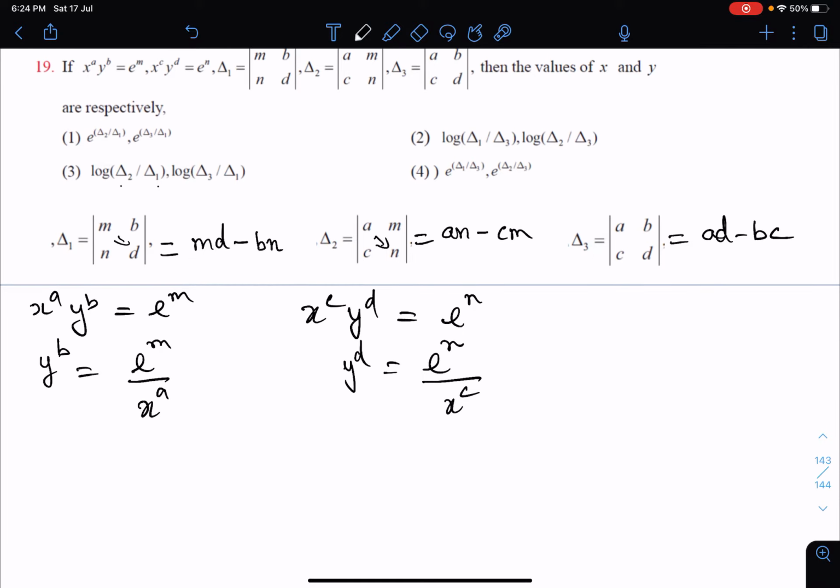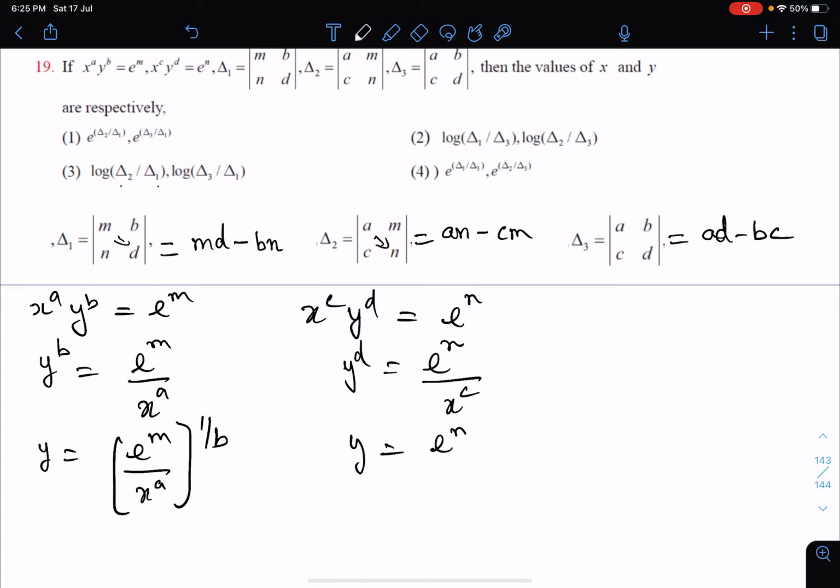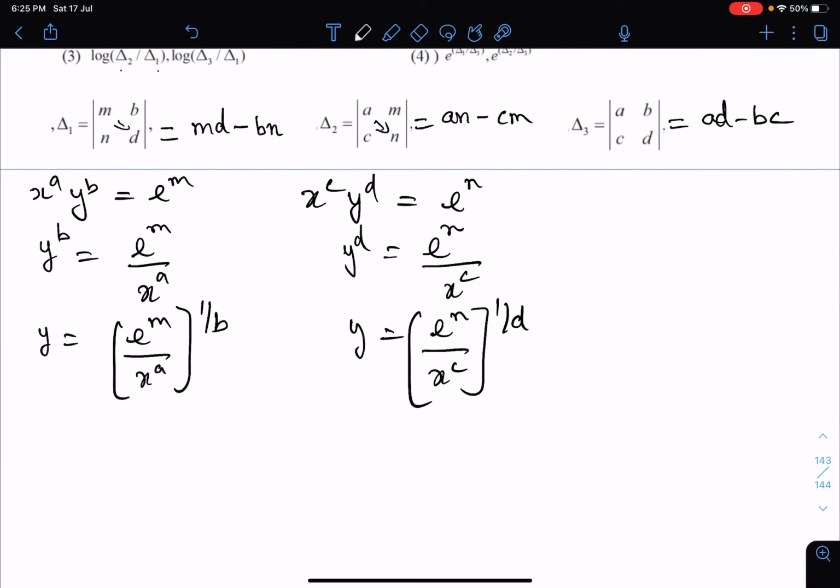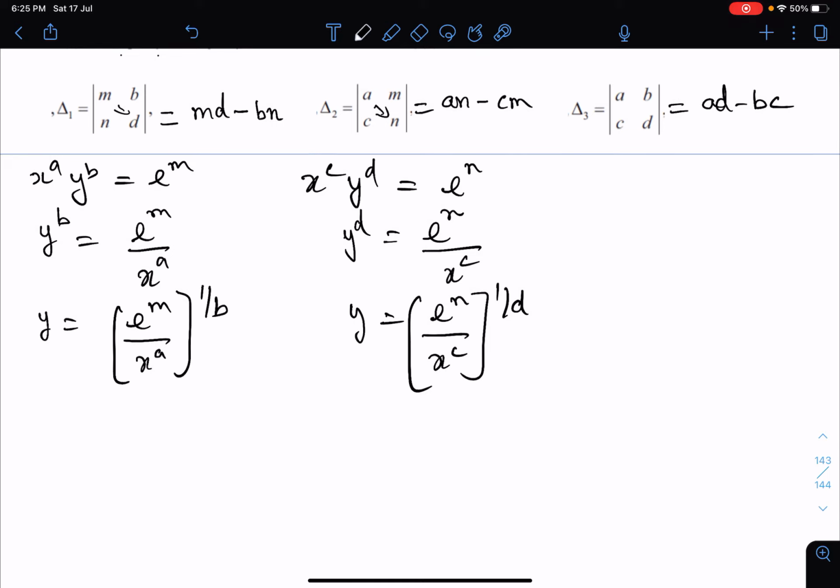So now taking this power, we want only y. So y = (e^m by x^a) to the power 1 by b. Similarly here y = (e^n by x^c) to the power 1 by d. Now you bring the power inside the term. Before equating these two terms, we will bring this power inside.